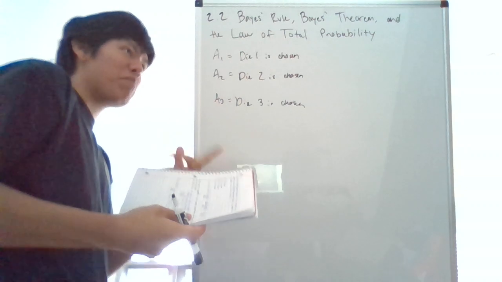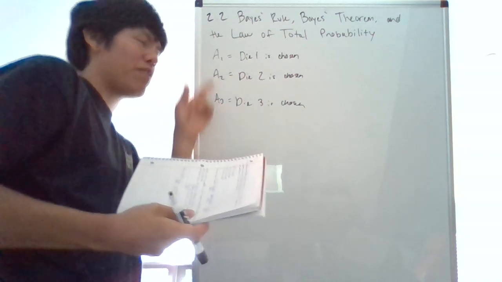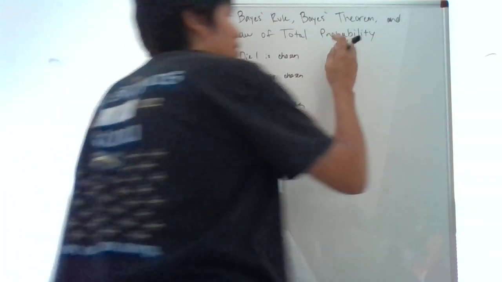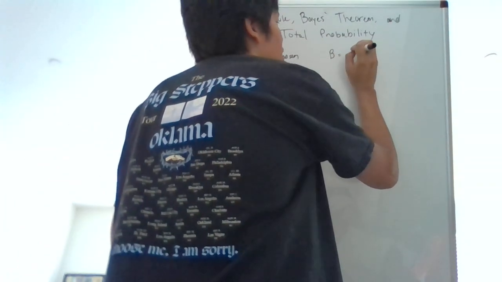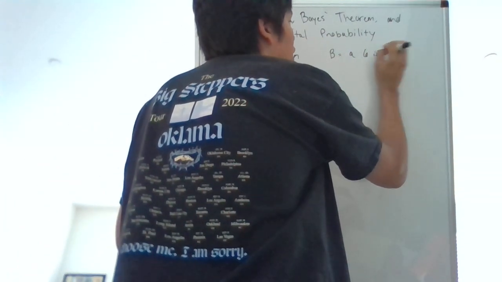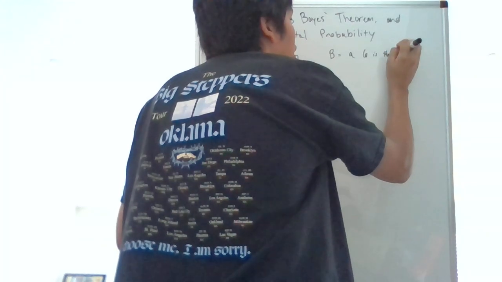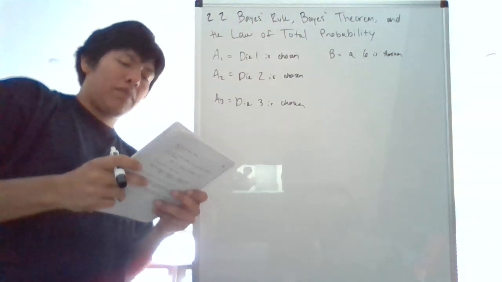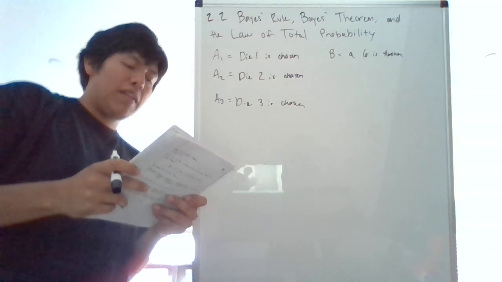Then our event B, which is separate from us choosing the die, is the fact that we threw a 6. So event B: a 6 is thrown.